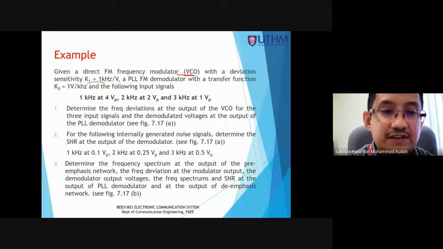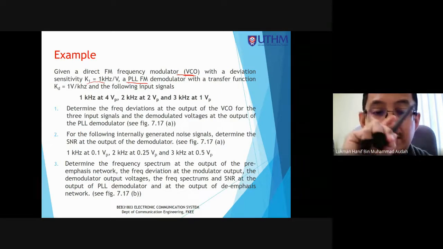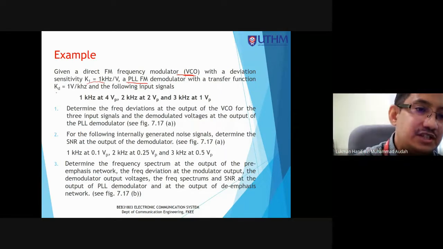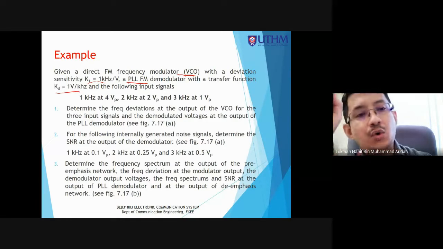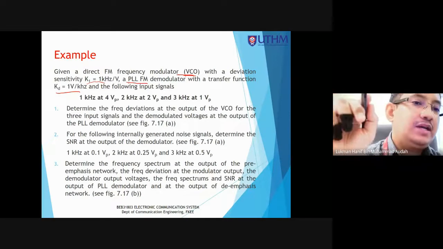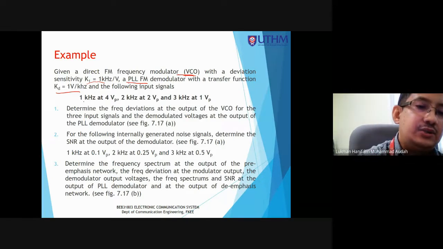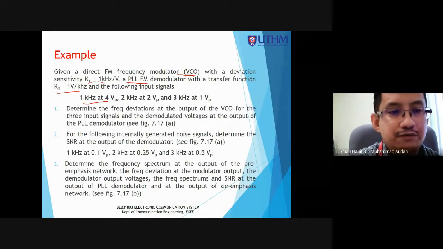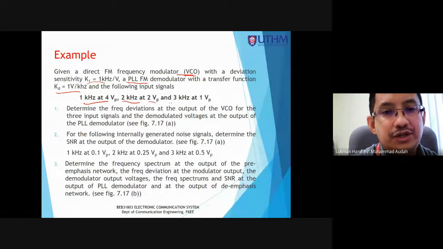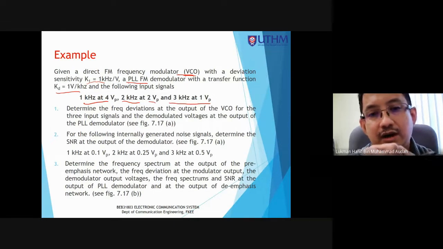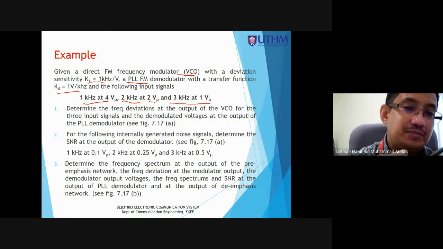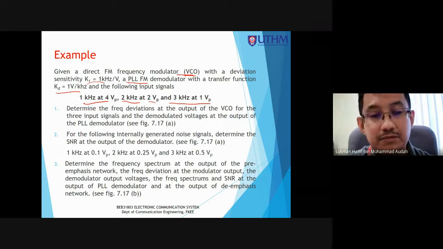At the receiver we use a phase lock loop FM demodulator with a transfer function KD 1 volt per kilohertz. And the following input signals, so kita ada 3 input. First input 1 kilohertz at 4 volt, 2 kilohertz at 2 volt, and 3 kilohertz at 1 volt.